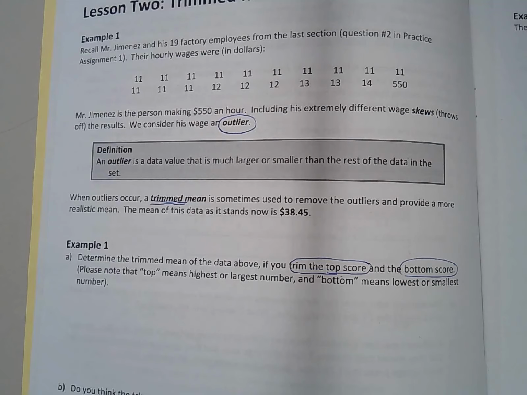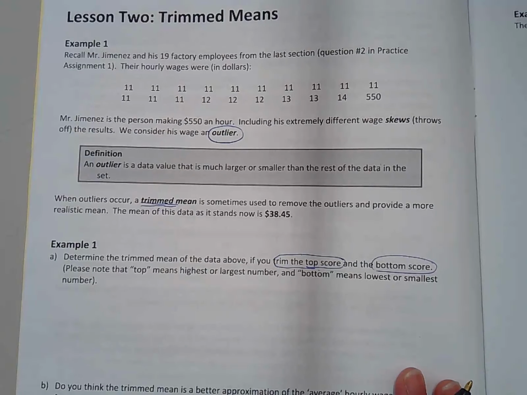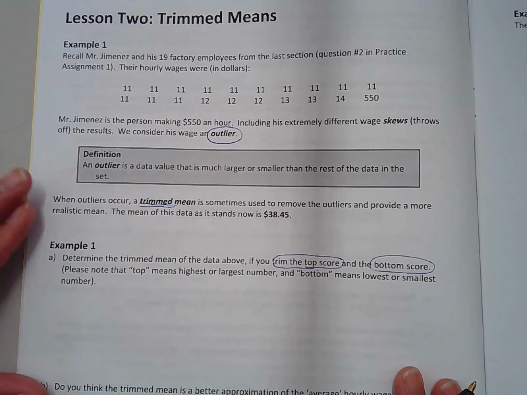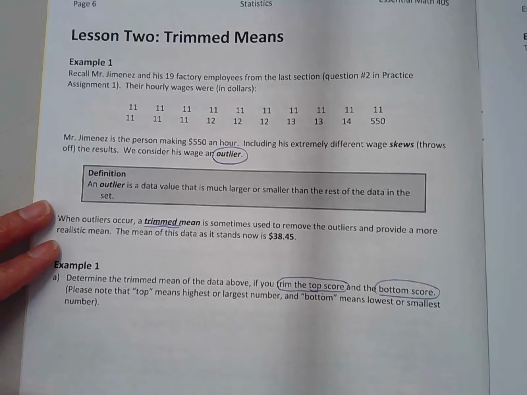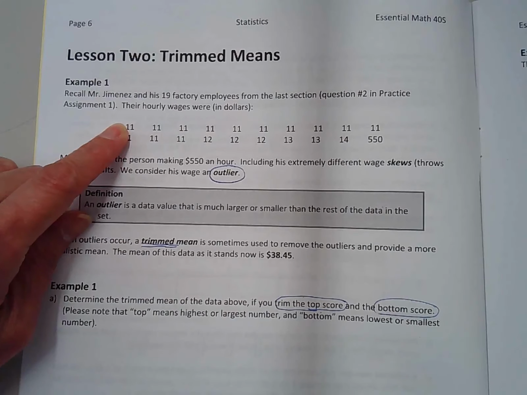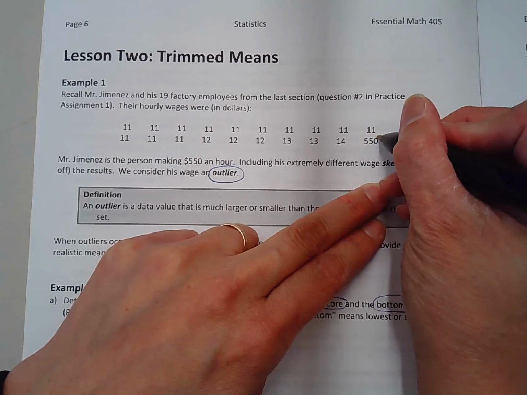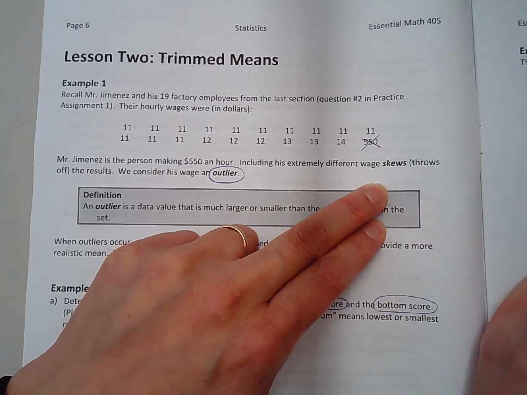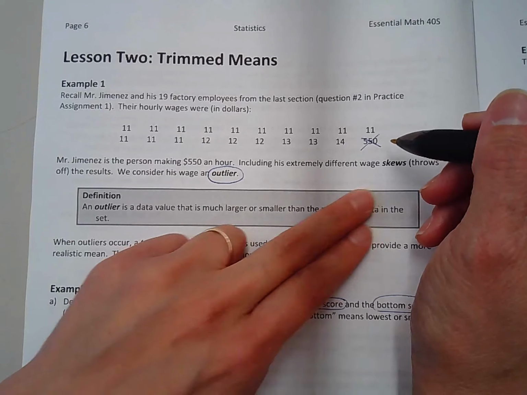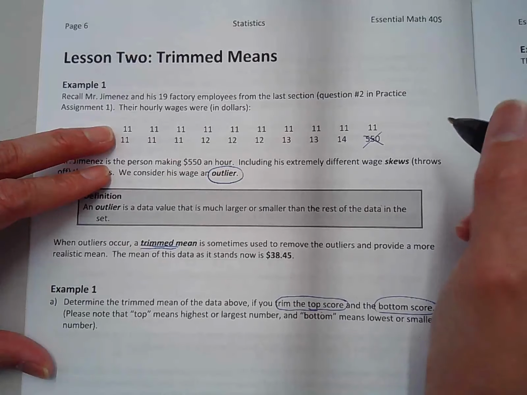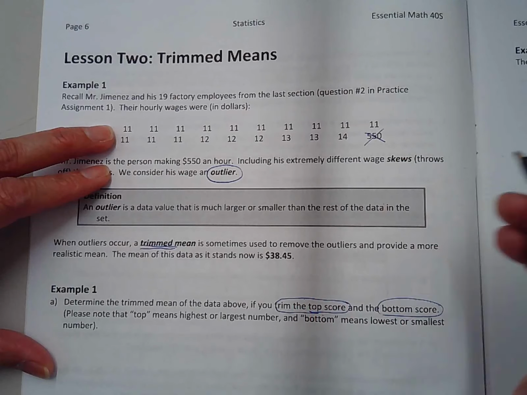We're not just taking out the highest, but we're also going to take the lowest. So we're going to trim out 550, the highest, and we're also going to trim the bottom score. The bottom score would be the lowest.